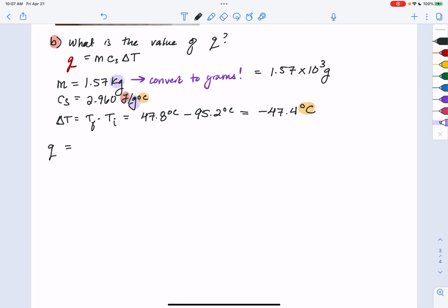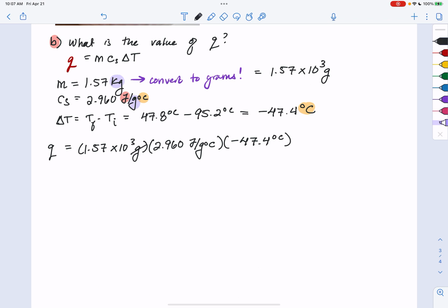Now I can plug all of this information into my equation for heat. Q is equal to 1.57 times 10 to the 3 grams times C, which is 2.960 joules per gram degree centigrade, times delta T, negative 47.4 degrees C. Let's check that our units work out here.